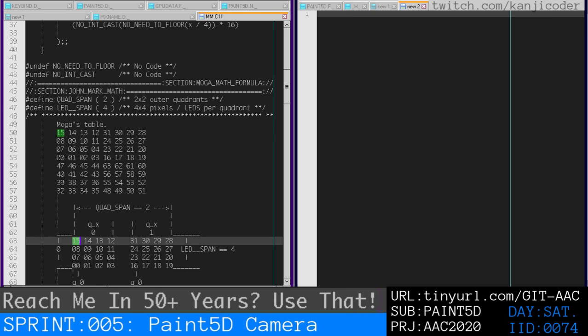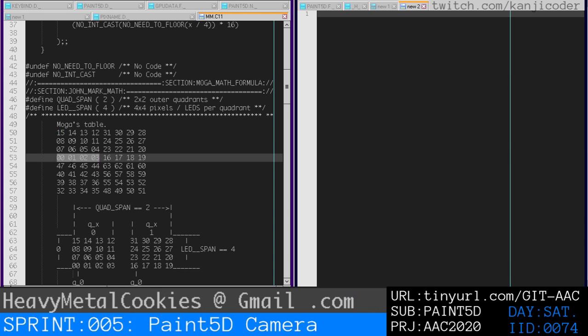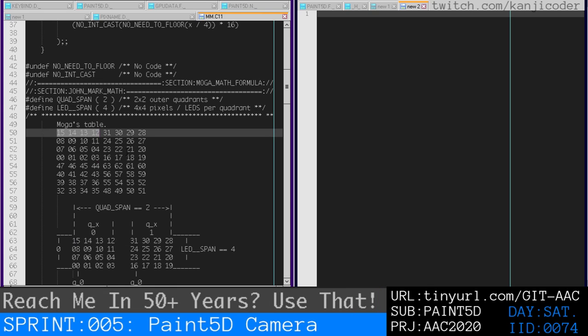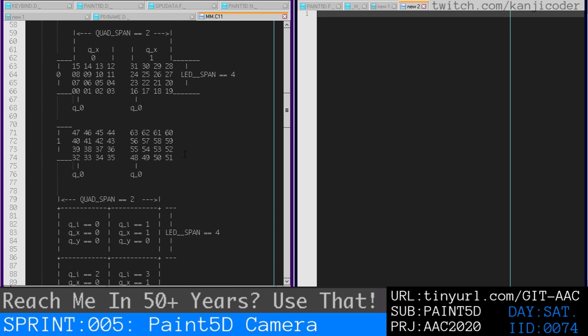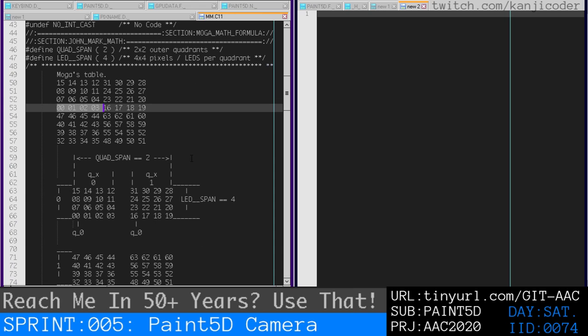And this is, divide by 4, this is 0. 1, 0, 1. I want to divide by 4 and then see if it's odd or even. If it's odd or even, we will flip it around, right?